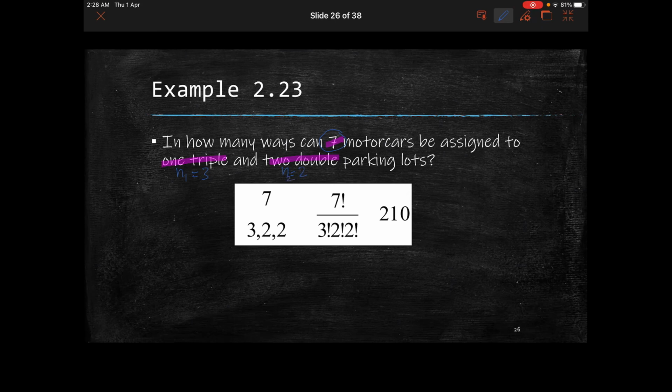So n3 equals to 2. Therefore, will be 7 factorial divided by 3 factorial times 2 factorial times 2 factorial. We get 210.